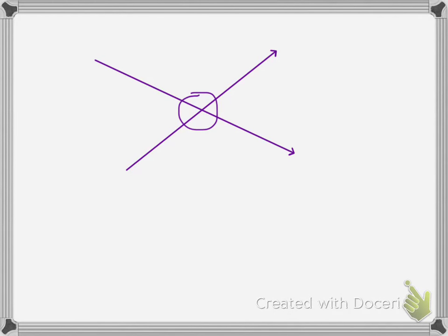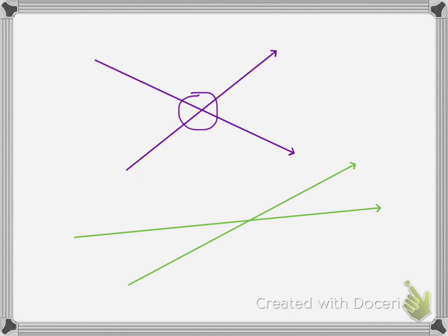Okay, so if you thought about this, if I have a line and then another line, I could put that line even like that and have them still intersect at just one point.